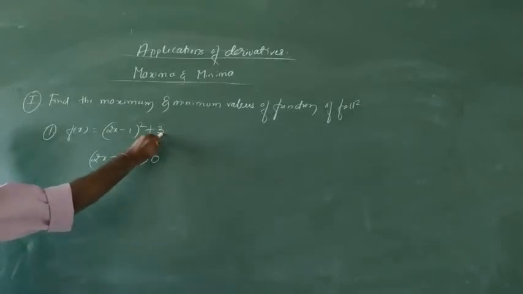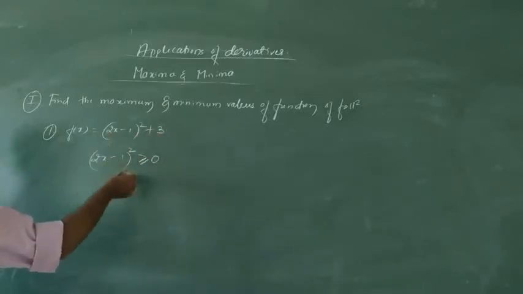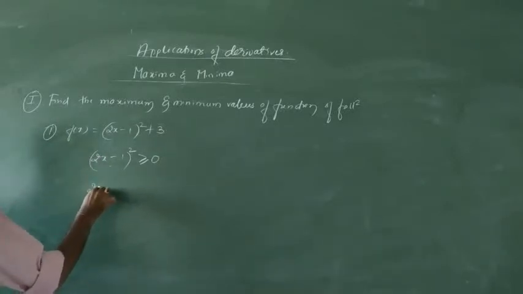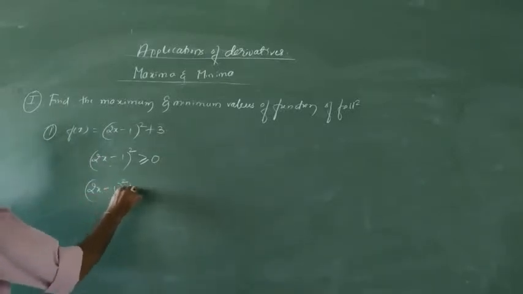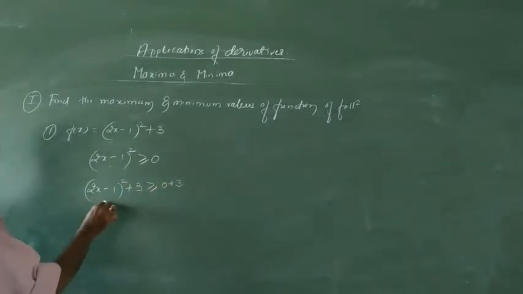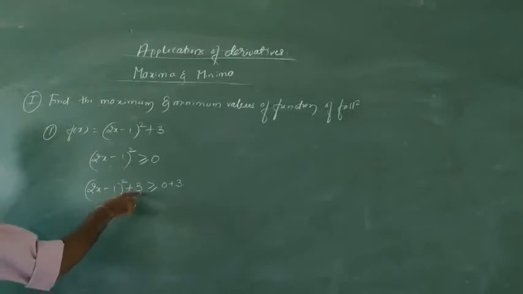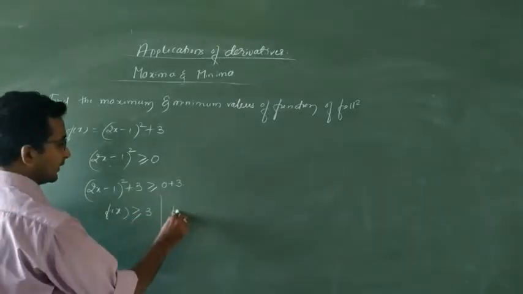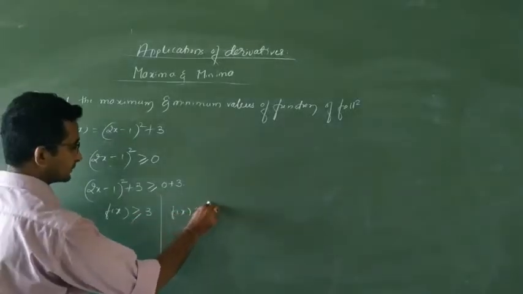Plus 3 is missing. So when I add plus 3 to both sides of the inequality, (2x minus 1) whole square plus 3, which is f of x, is greater than or equal to 3.